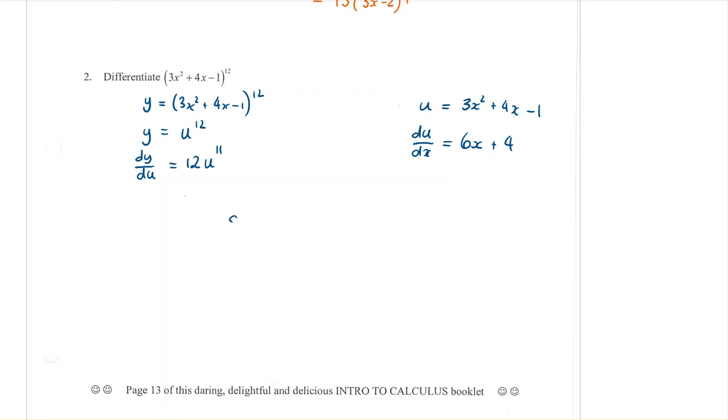So now I'm ready for the chain rule. dy over dx equals dy over du times by du over dx. So dy over du was 12u to the power of 11, but remember to sub back in that u is equal to 3x squared plus 4x minus 1. Then I times by du over dx, which was 6x plus 4. And there it is, that's my answer.